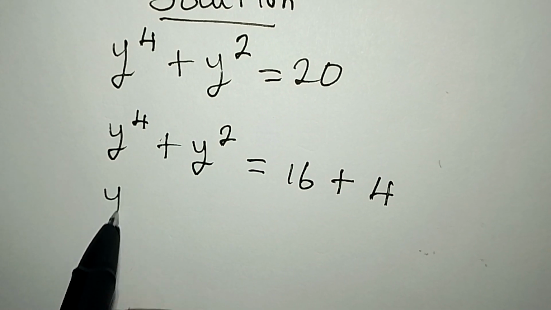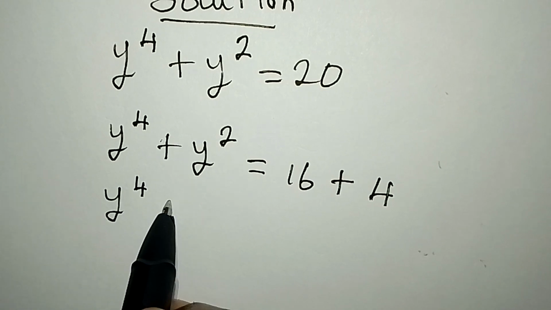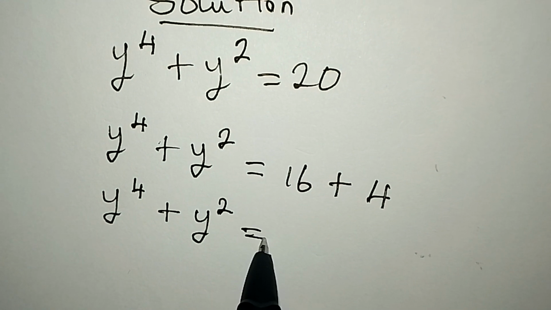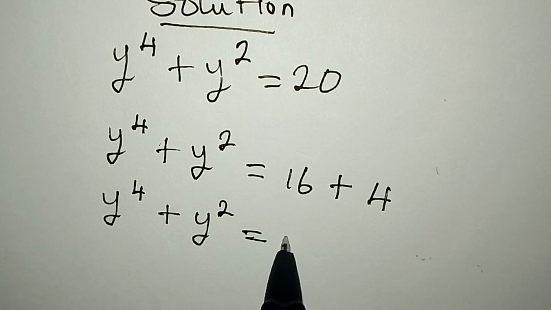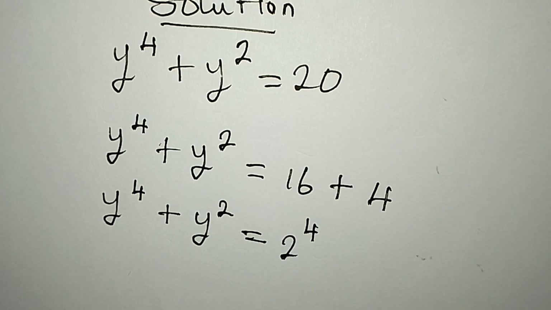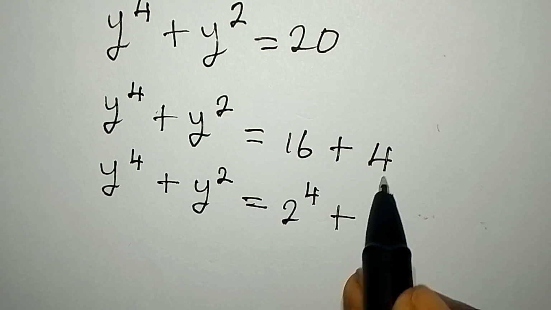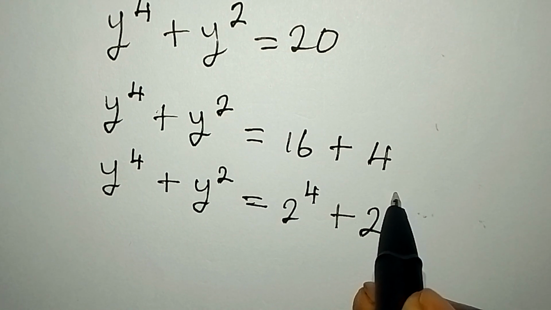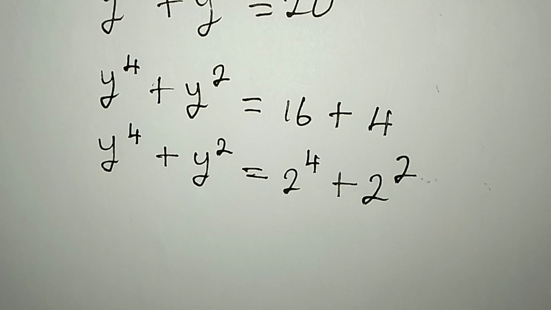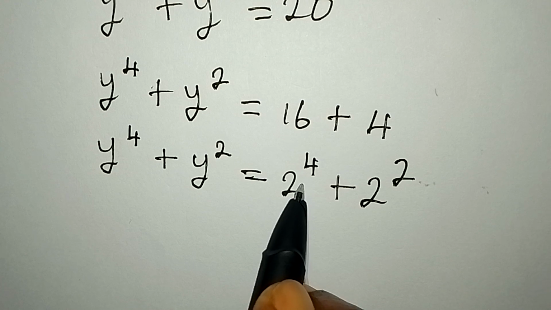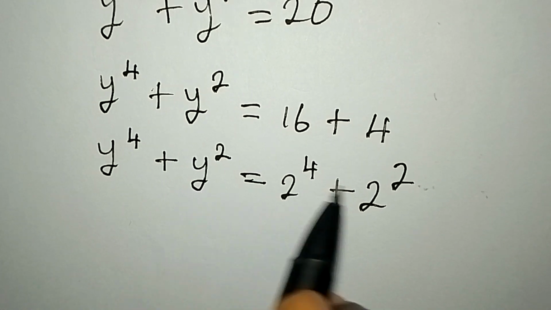So we're going to write y to the power of 4 plus y to the power of 2 equal to 16, which is 2 to the power of 4, and this is already like y to the power of 4. Then plus 2 to the power of 2, and it's already in the form of y to the power of 2. So compare this and this.